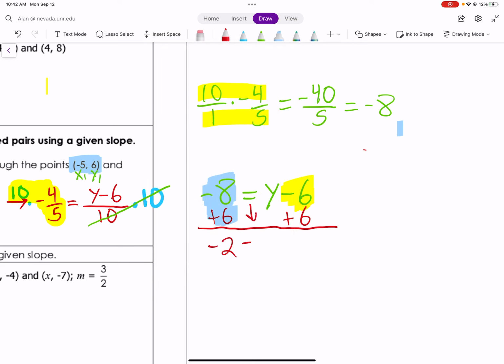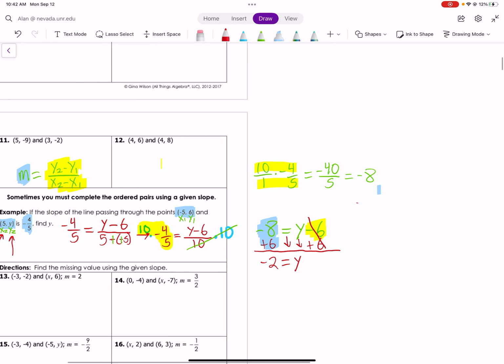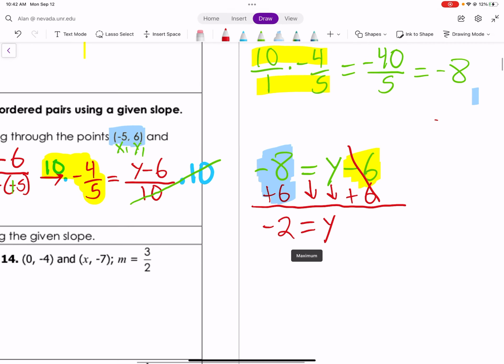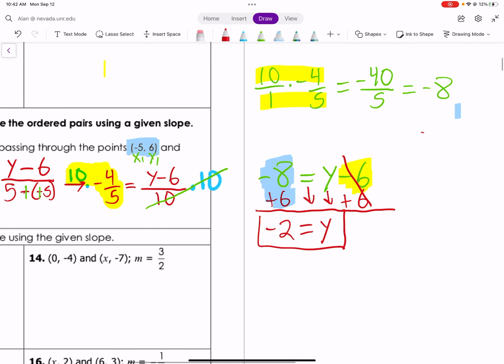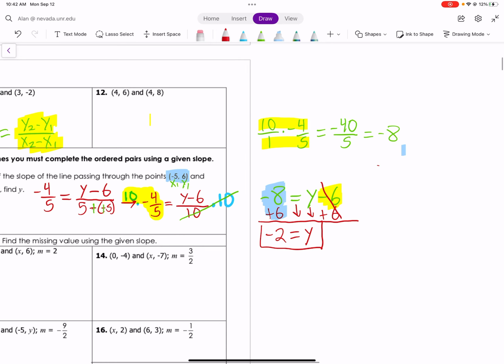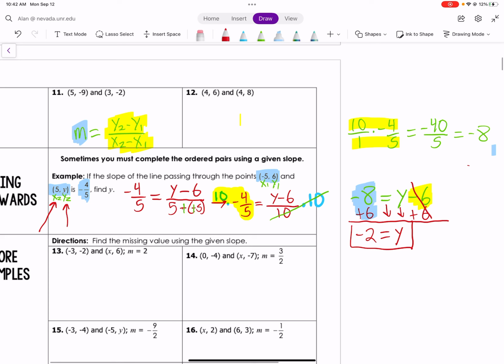Bring down your equal sign, bring down your y, and negative 6 plus 6, those cancel. So our y value, our final answer, is negative 2. It's a little bit more work there, but we're still using our slope formula to find a missing piece of those coordinates.